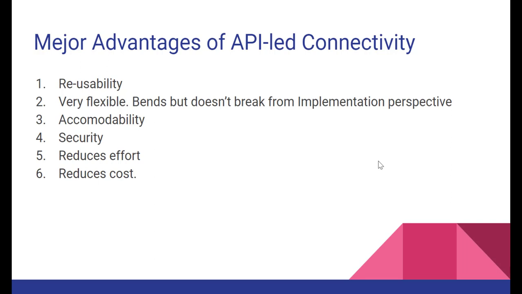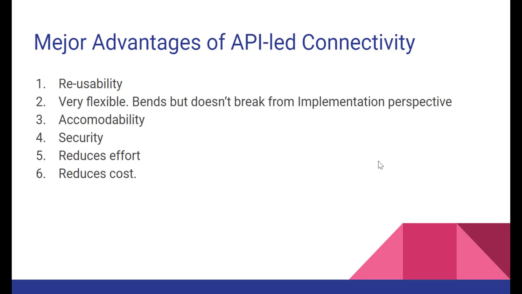Also, it reduces effort, it reduces cost, and as we have spoken about the proxy API, the security we have already discussed, and the accommodability. So basically there is not much change needed in case a new system is introduced, right?